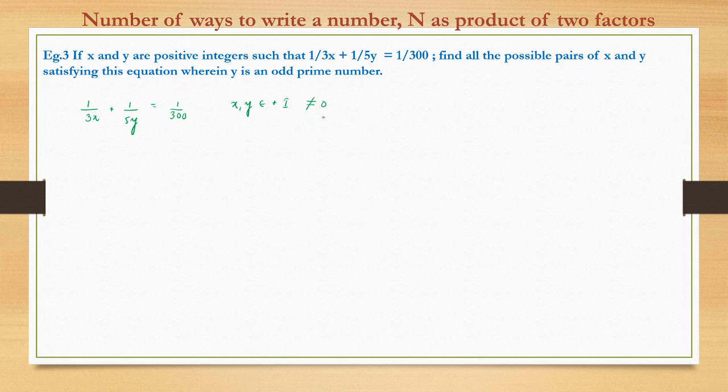Because if they are positive integers, they will not be 0, and anyway it cannot be 0 because it will be indeterminate. Now we have to find all possible pairs of x and y satisfying this equation wherein y is an odd prime number. So this condition will come at a later point. So let us see how we will solve this question.